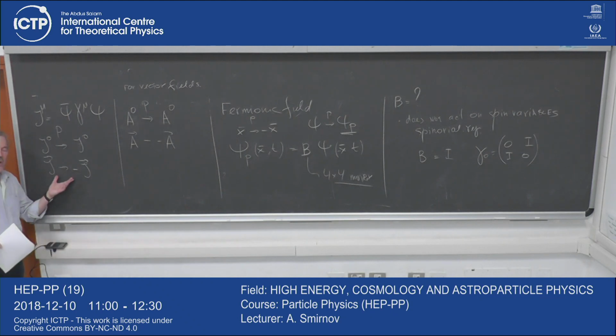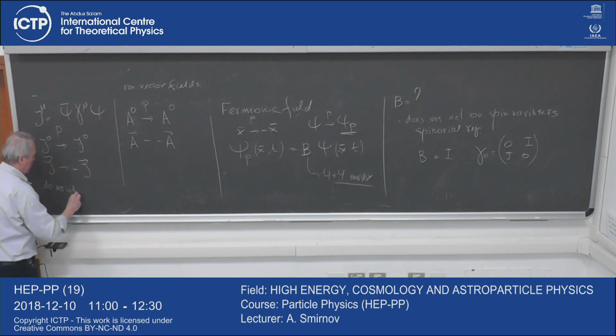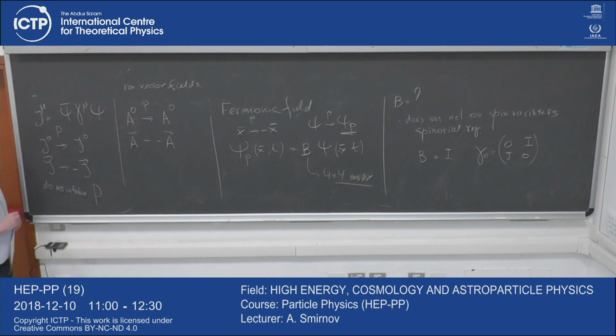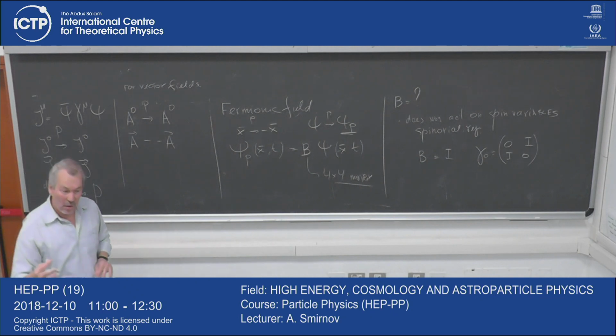Now, for fermionic fields, we do not introduce parity. Remember? For scalar fields, we introduce parity, and for fermionic fields, we do not. To a large extent, that is because fermionic fields always appear in pairs in our Lagrangian, and therefore, even if you introduce parity, it doesn't play any physical role.